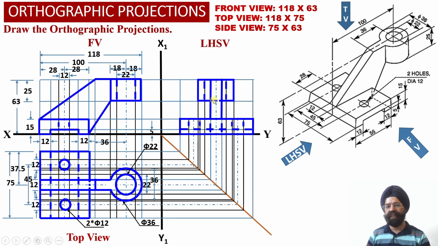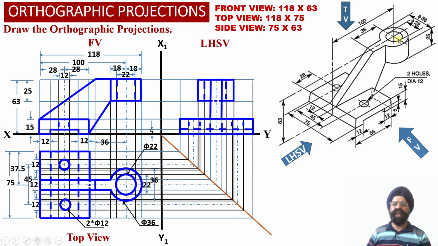So this portion of the cylinder we have taken as hidden line projections, whereas we have been able to obtain apparent shape rectangular projections corresponding to this outer cylinder having diameter equal to 36 millimeter.